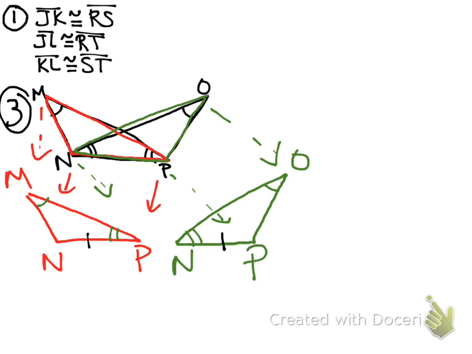Jump down to the next section, number 6. Number 6 says, tell which triangles you need to show are congruent in order to show that the congruent statement is true. So basically, if we were doing a proof, what would be the second to last step? So what are the two triangles in that diagram that are congruent?